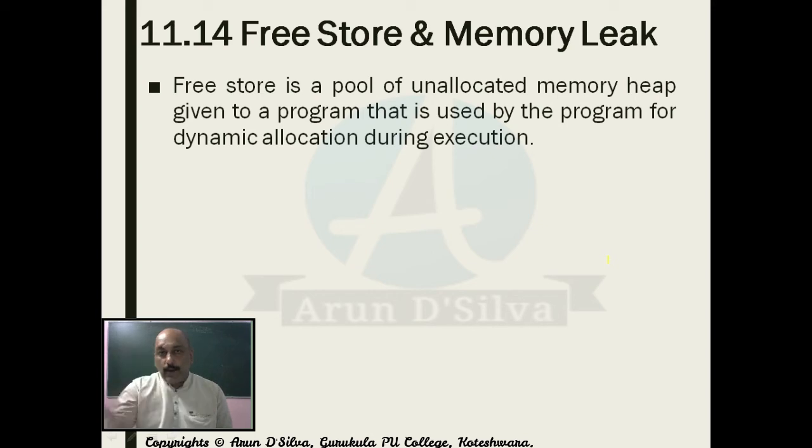This will not be allocated for anything else. This memory will be used for dynamically allocating and deallocating during the execution time. Such a pool of memory is called free store, which is used only for dynamic allocation and deallocation purposes.